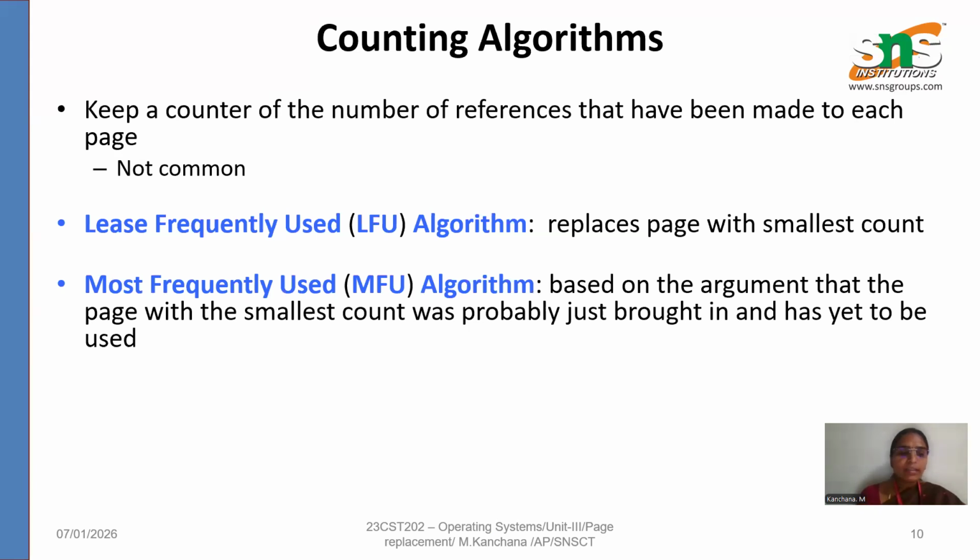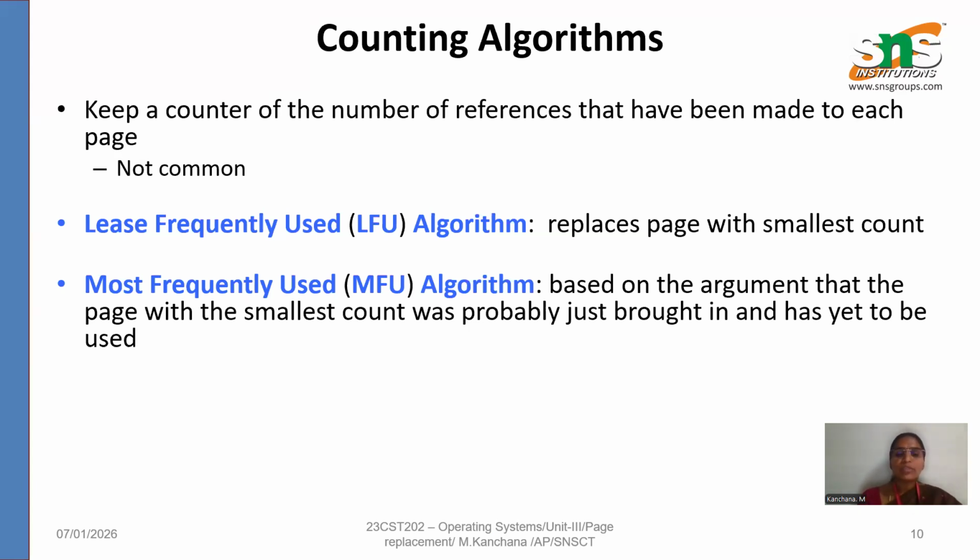So it essentially falls back to the classic first in first out behavior. There is another class of page replacement schemes known as counting algorithms. These algorithms maintain a counter that tracks the exact number of times a page has been referenced. While they are not very common in modern operating systems, they are important to know for theory. There are two flavors here. One is least frequently used, which replaces the page with the smallest reference count.